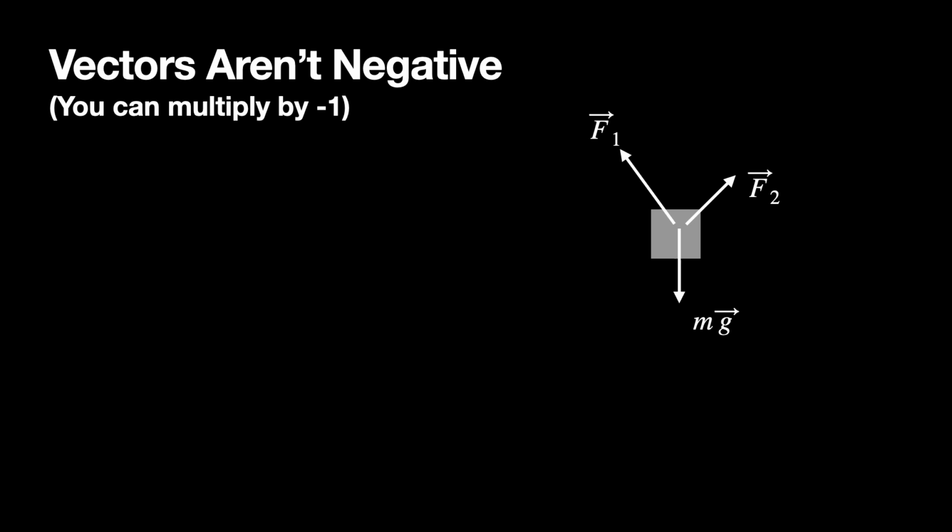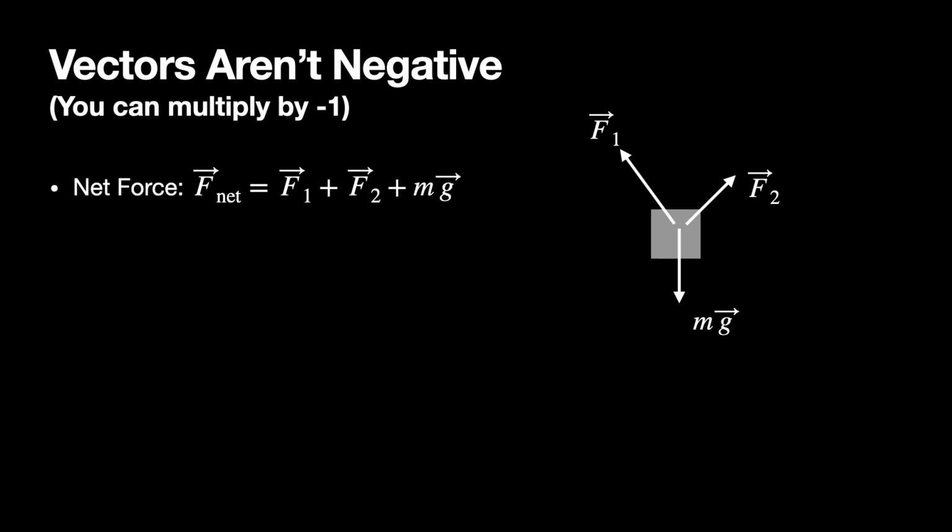Okay, vectors aren't negative. Here's a great example. Let's say I have these three forces acting on an object, and I want to find the net force. F net is F1 plus F2 plus mg. It would not be minus mg. As a vector equation, it would be F1 plus F2 plus mg.